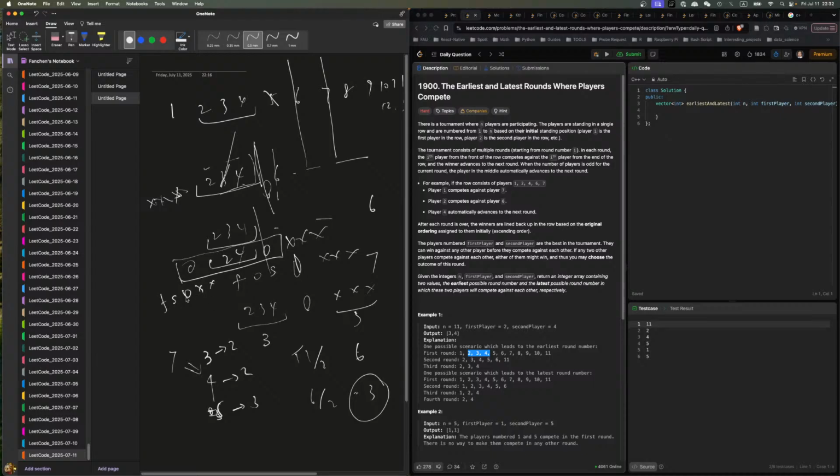Like, we're still thinking about everything from one side. And I feel it's pretty deterministic if everything's from one side. We just have to keep dividing by 2 until we hit 2. That's not true. Okay?